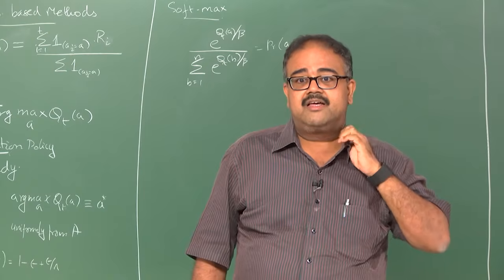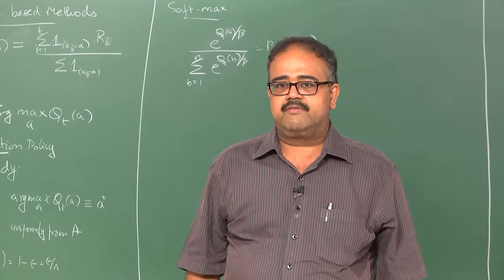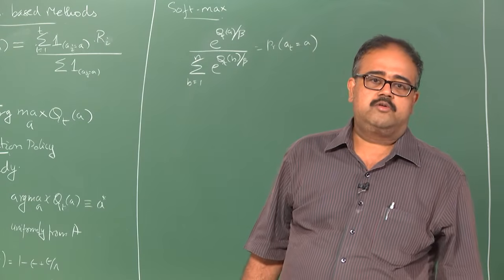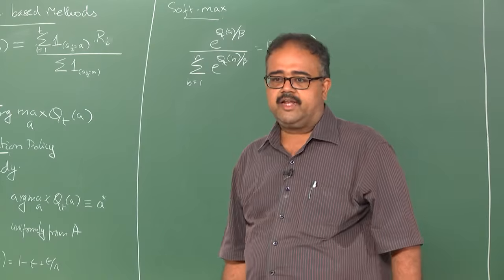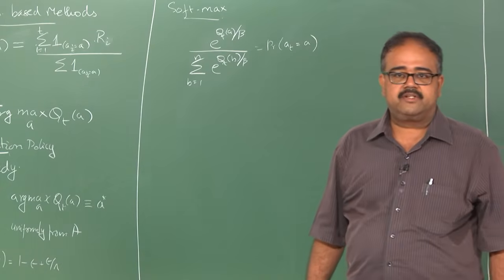I mean, you are always going to be taking all the actions, so eventually you will converge to the true expectations. You will eventually converge to Q star because you are taking all the actions all the time.